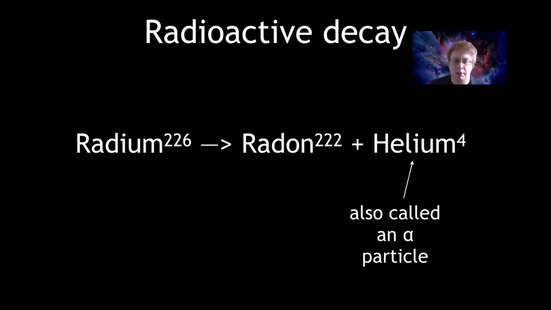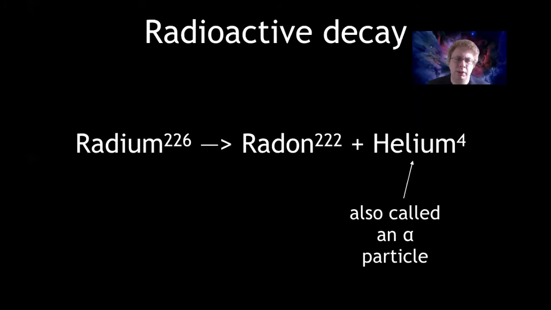So these are made up of both protons and neutrons. Helium has 2 protons and 2 neutrons in its nucleus. So this helium has a total mass of 4, but it has a total charge of 2. We call helium nuclei, which are emitted in radioactive decay, alpha particles, in another word.